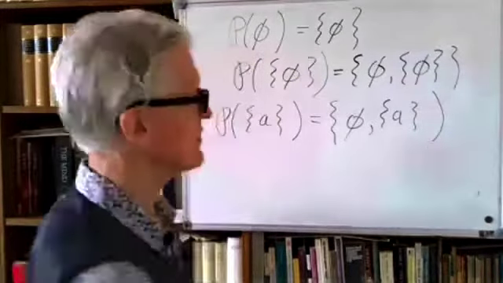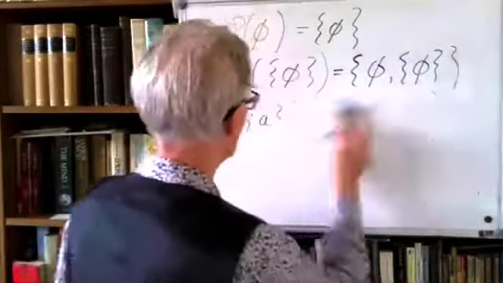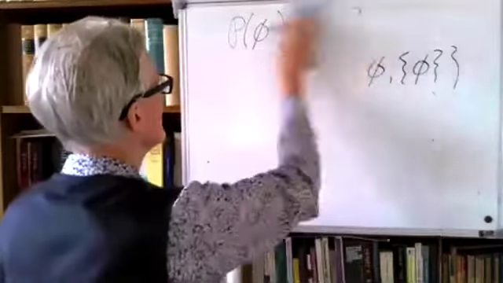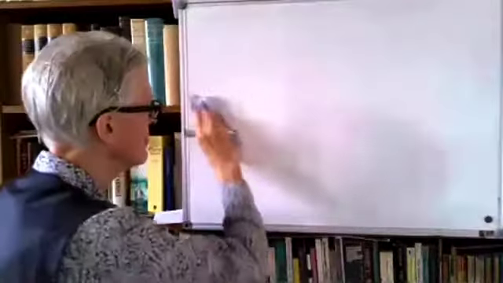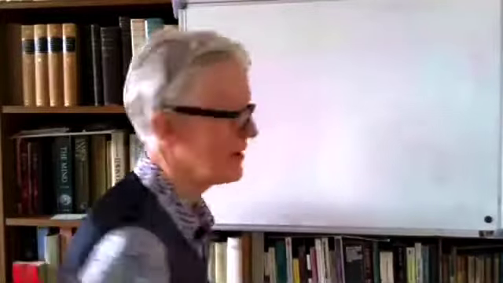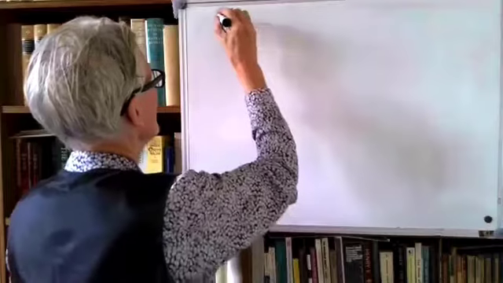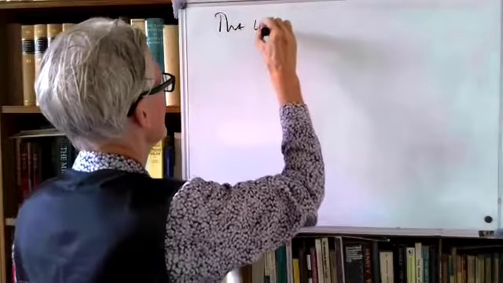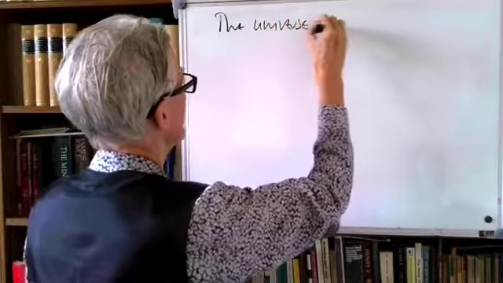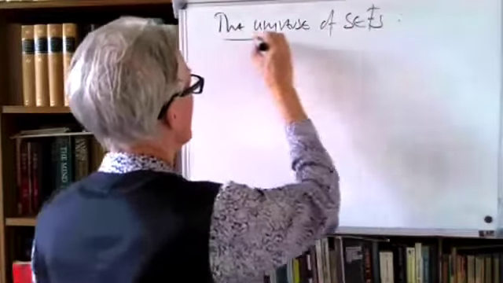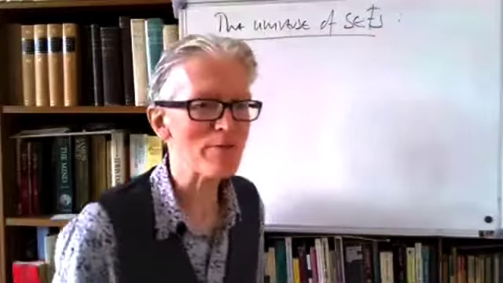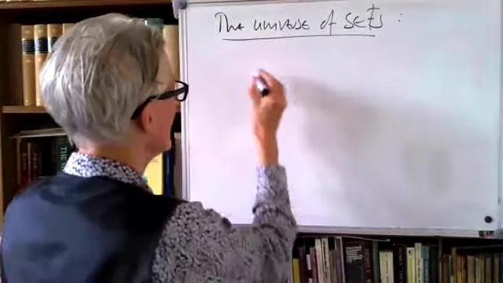What the universe of sets will look like is the diagram at the bottom of the page. Eventually, the universe of sets, so you can look ahead to chapters 5 and 6 for this.